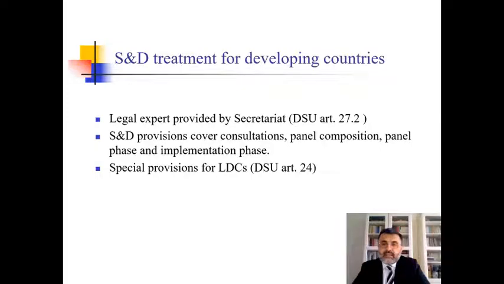And the Secretariat does have such experts whom developing country members do consult from time to time and seek answers to their questions relating to WTO dispute settlement.